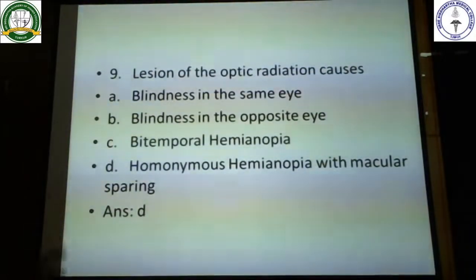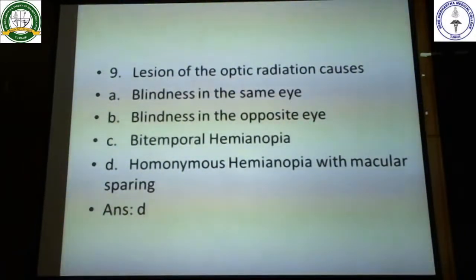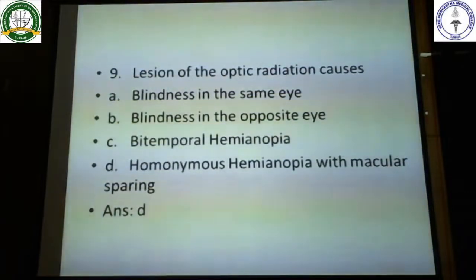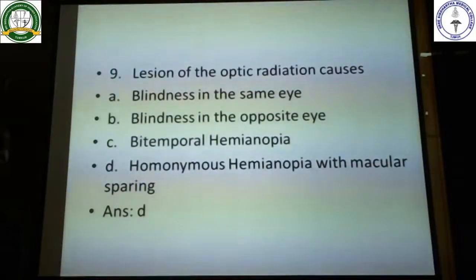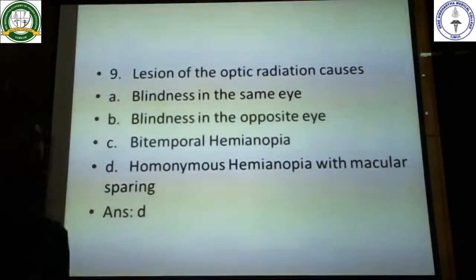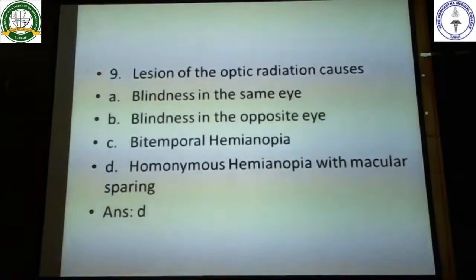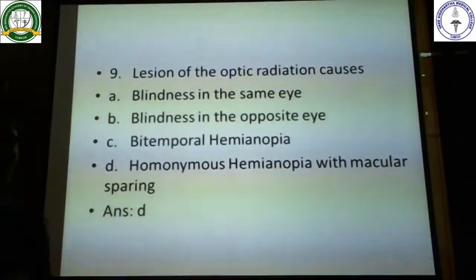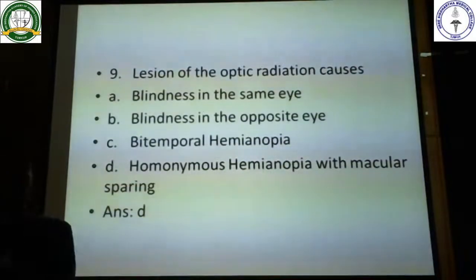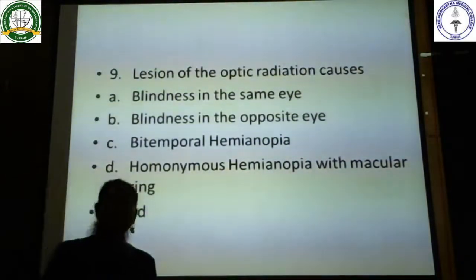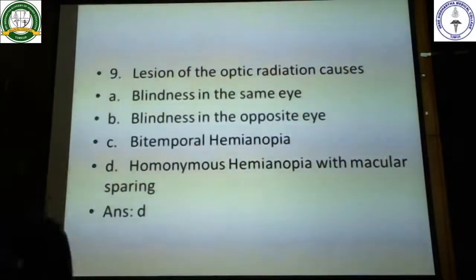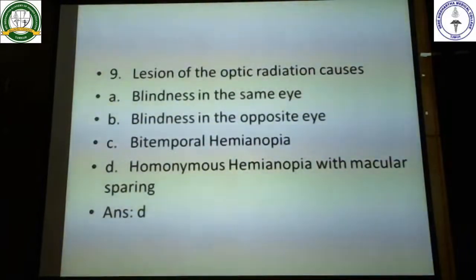Unless and until the lesion is extensive, it is spared. So macula usually is spared with all these lesions because the representation in the occipital lobe is huge. So that's why lesions of the optic radiation cause homonymous hemianopia with macula sparing. The macula is spared.